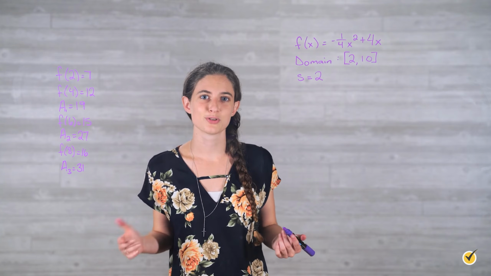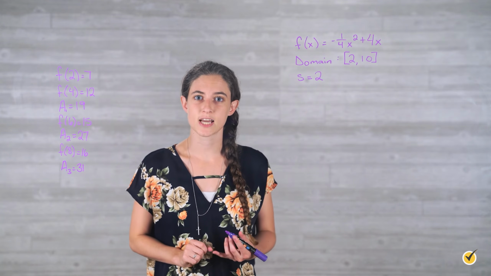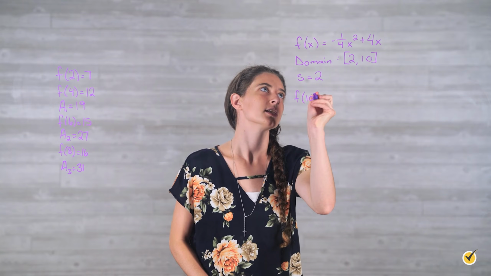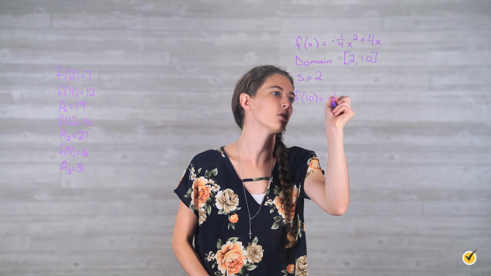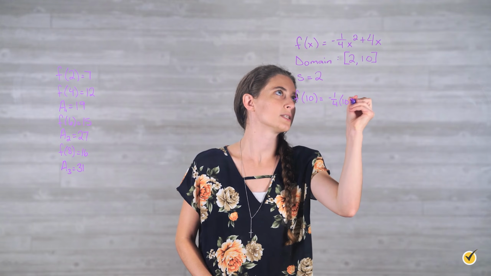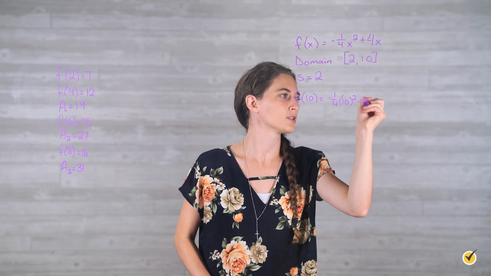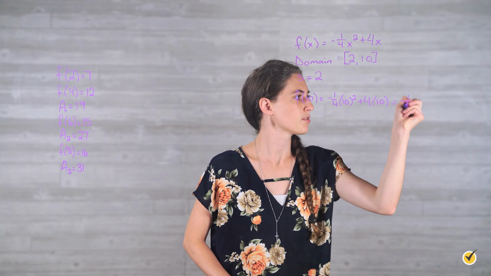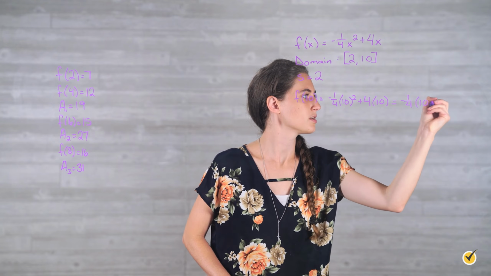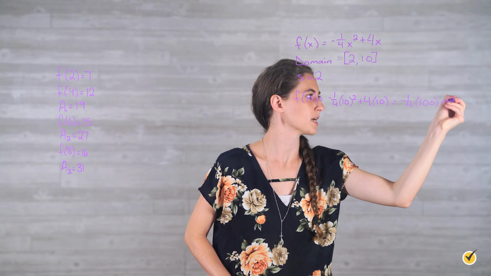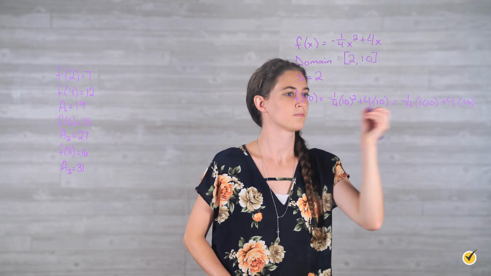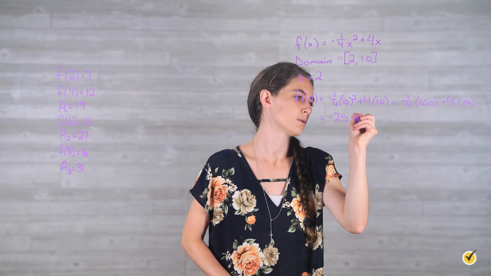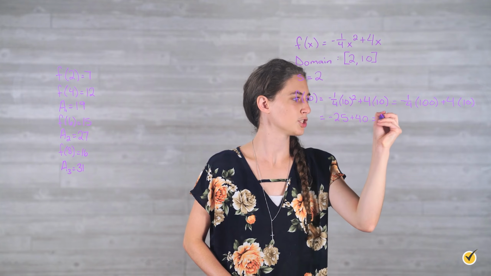We've got one last trapezoid to go, so we need to compute f of 10 to solve for that one. f of 10 is equal to negative 1/4 times 10 squared plus 4 times 10, which is equal to negative 1/4 times 100 plus 4 times 10. This is equal to negative 25 plus 40, which equals 15.